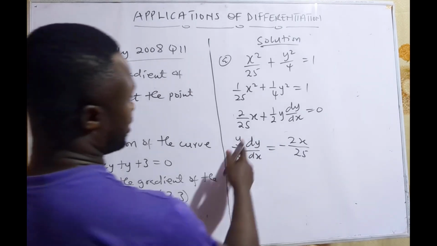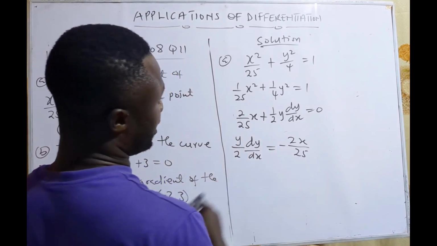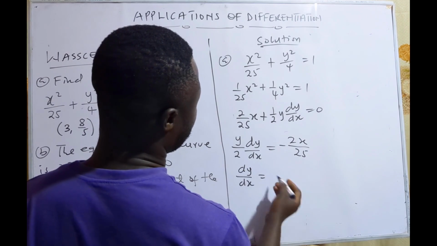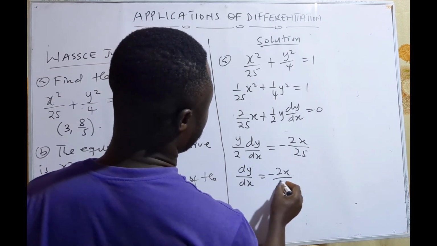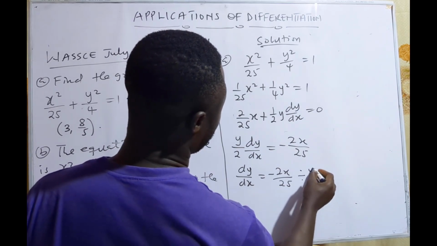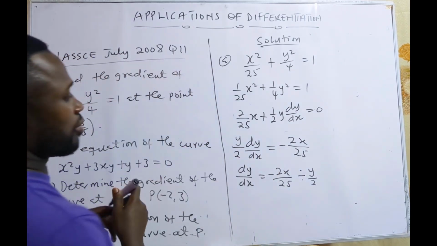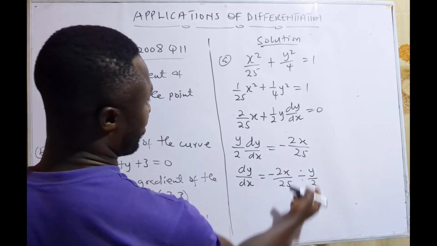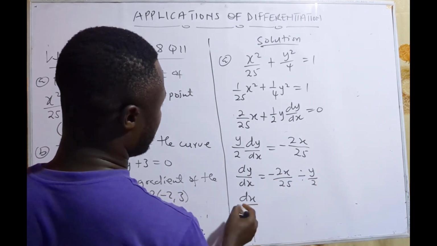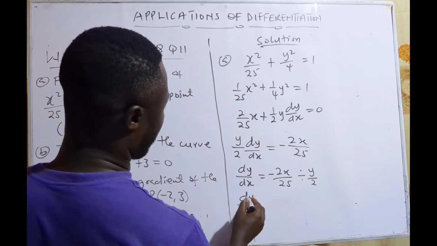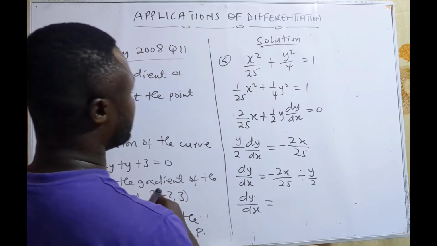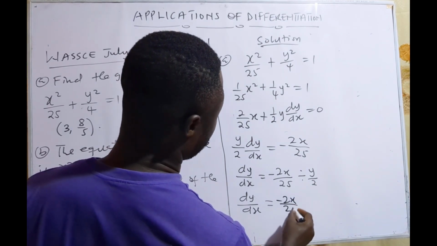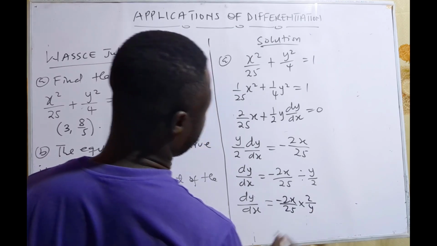Alright, so after that, I'll divide through by y over 2. So my dy on the x can be equal to minus 2x on 25 divided by y on 2. So I can write it like this, divide by y on 2, so that my dy on the x can be equal to minus 2x over 25 times 2 over y.